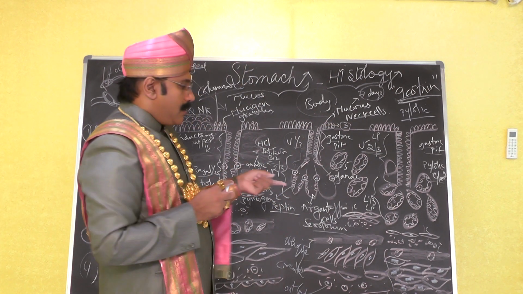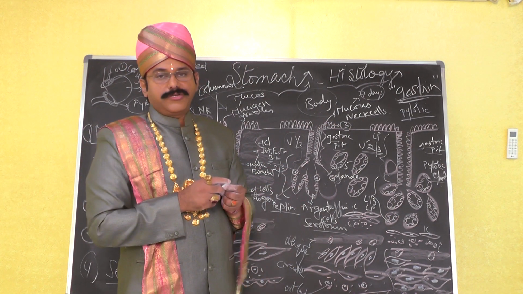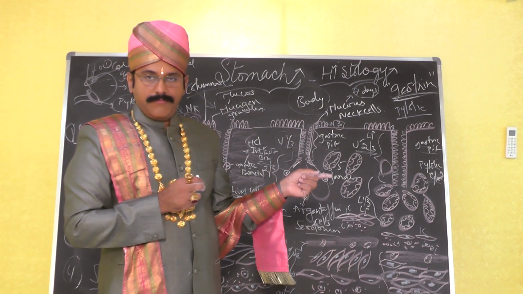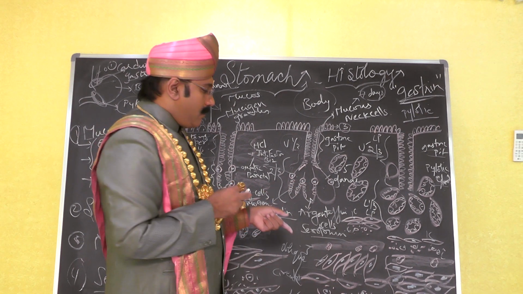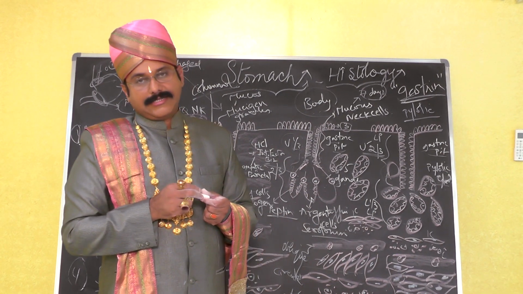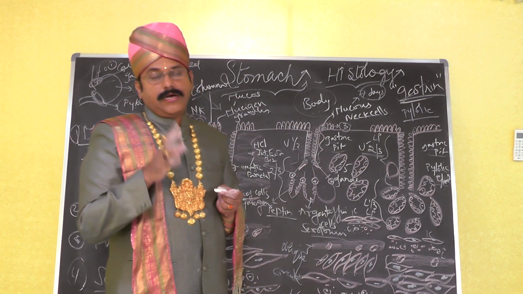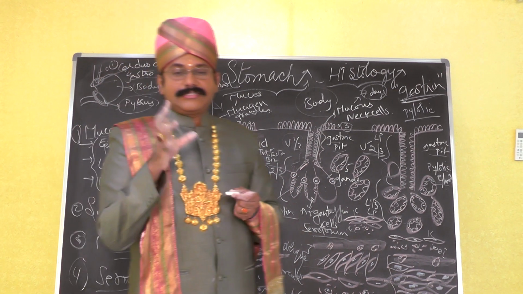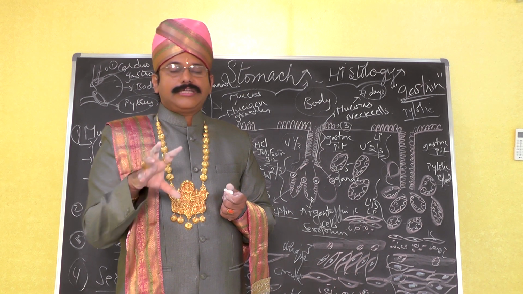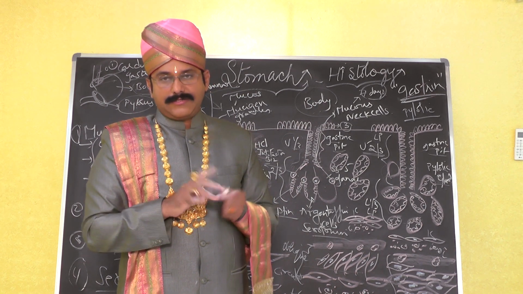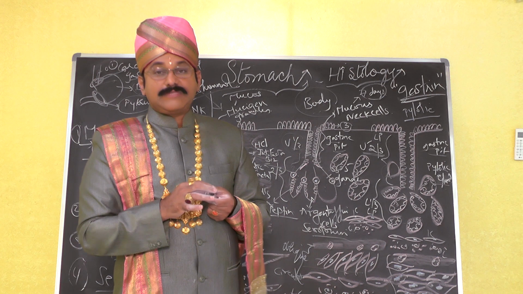Now, after that we have the inner circular and outer longitudinal layer of the Muscularis Mucosae, and then you have the submucosa. Finally, you have the Muscularis Externa. Now, the Muscularis Externa of the pylorus is very distinctly seen because of a dense collection of circular muscle fibers, enabling the formation of a sphincter.